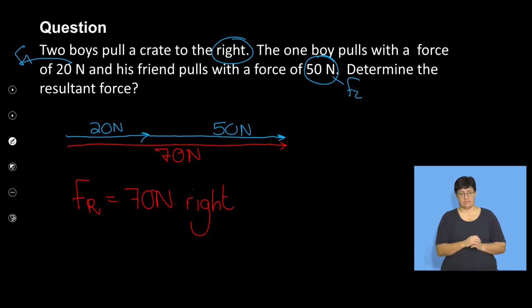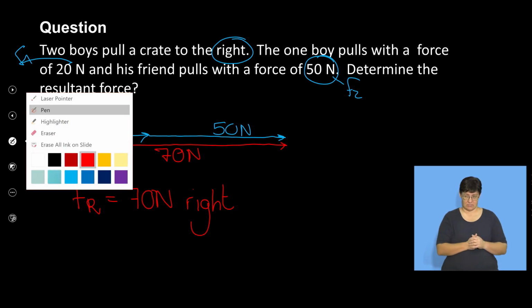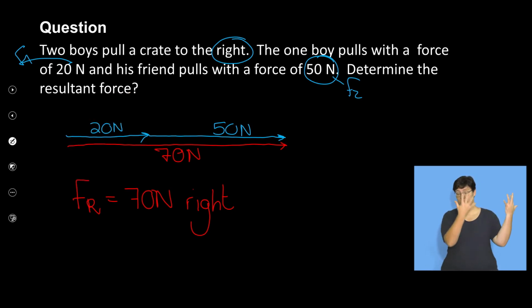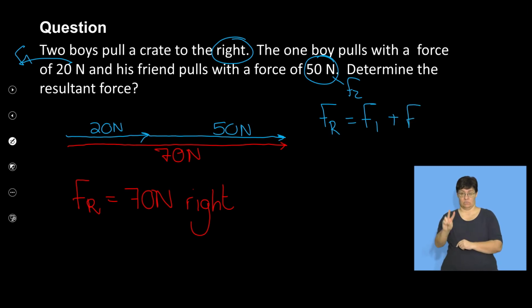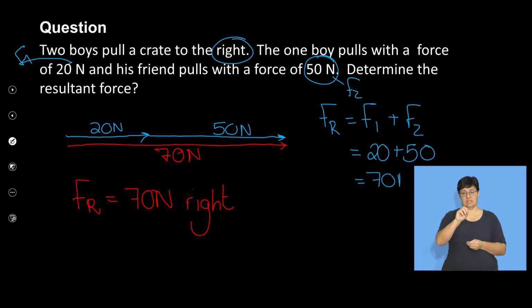That's by construction. If I do it by calculation, I now need to go my resultant force is my first force plus my second force. My first force was 20. My second force was 50. So that's 70 newtons.